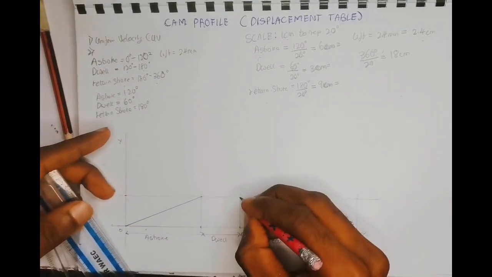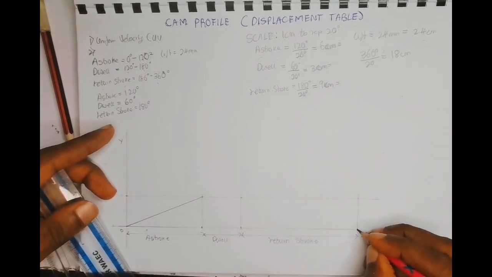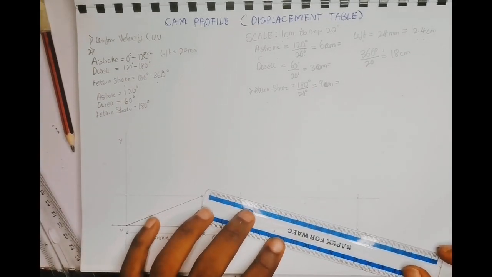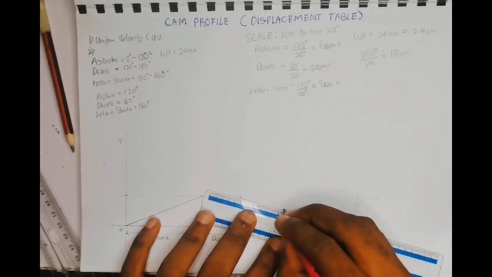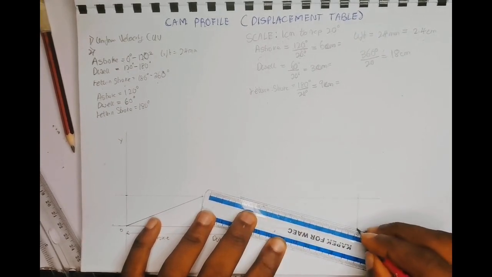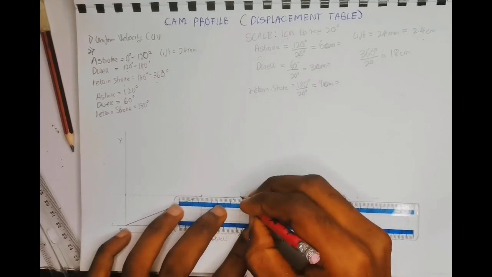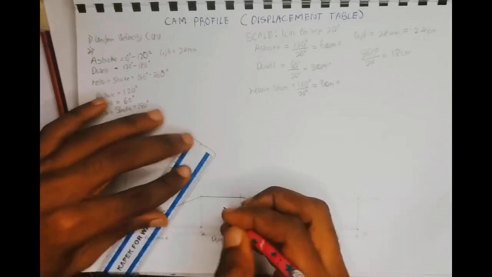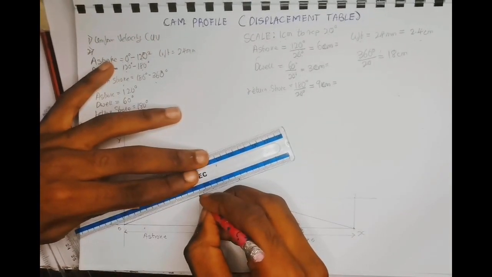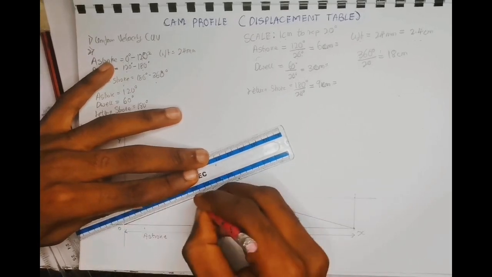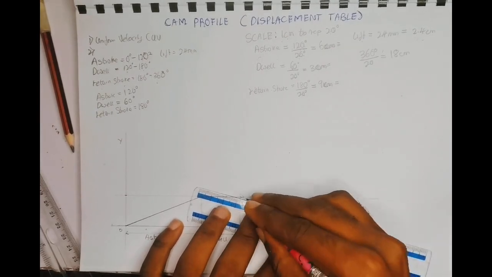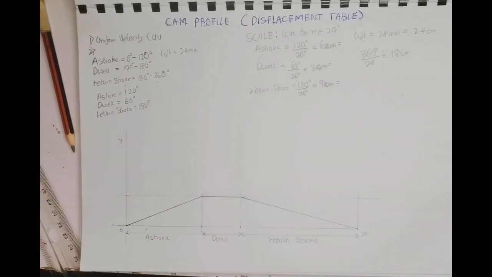From this point, the dwell, to the 0 point, which is the 360, rule a line, and this becomes the uniform velocity displacement table.